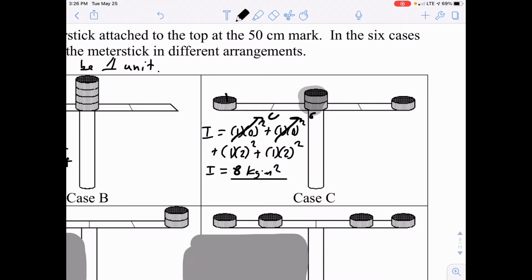We have 1 mass unit, 2 distance units away. So it would be 1 times 2 squared plus 1 mass unit times 2 distance units squared. Well, 2 squared is 4, times 1 is 4, plus 2 squared is 4, times 1 is 4. 4 plus 4 gives you 8 kilogram meters squared.